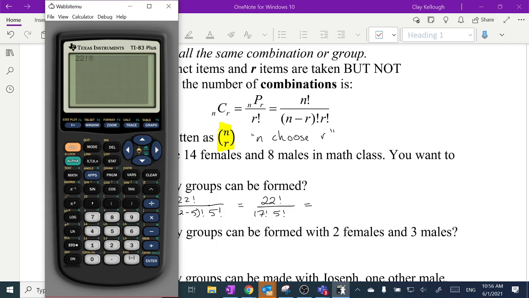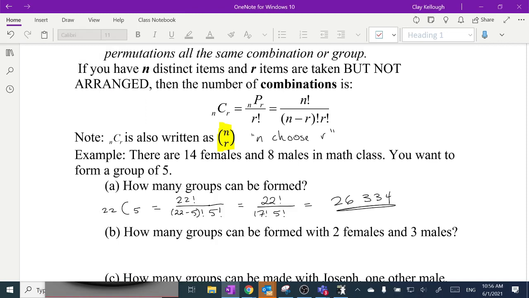So 22 factorial divided by, and don't forget, I need a bracket so that the calculator knows both of these are denominators. 17, math, probability, 4, times, I already know what 5 factorial is, but I'll punch buttons. 5, math, 4, close brackets, equals, and there we go, 26,334.